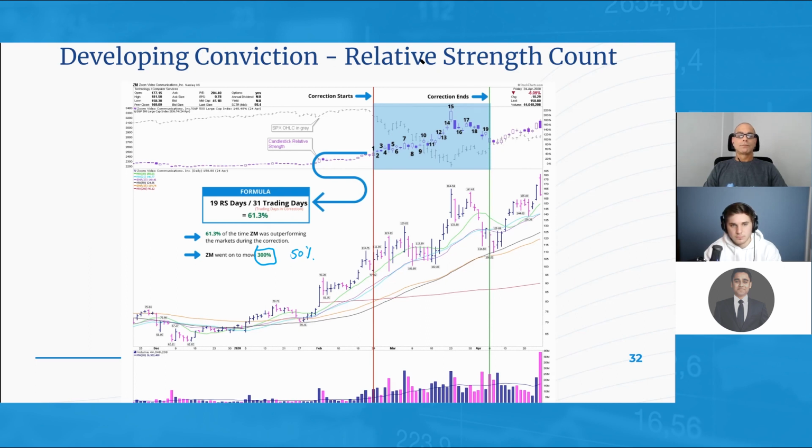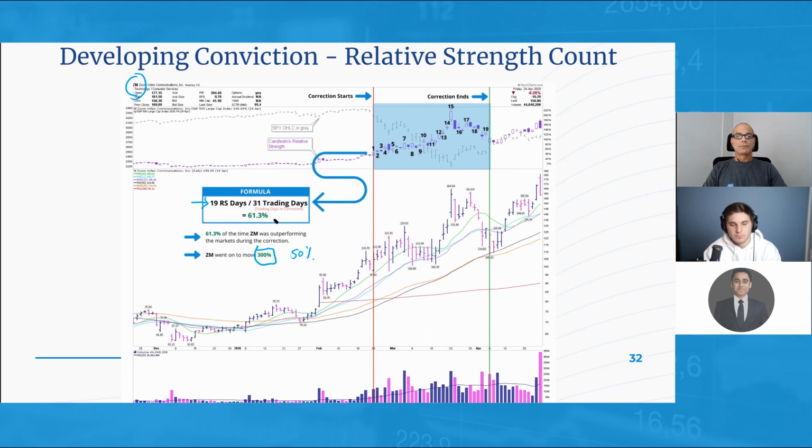But the concept that we're trying to cover here is as we track RS while the market is in correction. So the market correction starts where this vertical red line is, and we started tracking the RS. As an example, we're using Zoom Video. So it exhibited RS 19 days out of the 31 days that we were in correction in the markets.